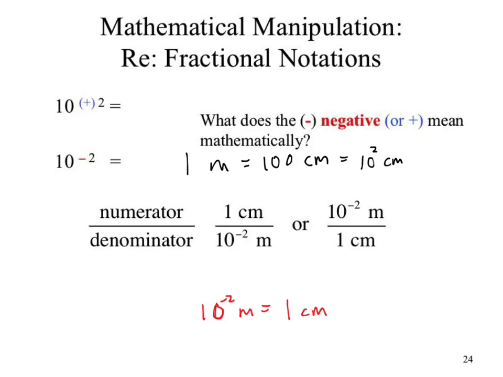How many people like dealing with negative exponents? No one. So what did we decide to do? Make them positive exponents by doing what? Recognizing that 10 to the minus 2 is running the calculation in the opposite location.